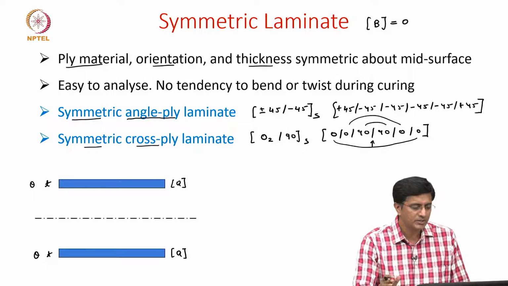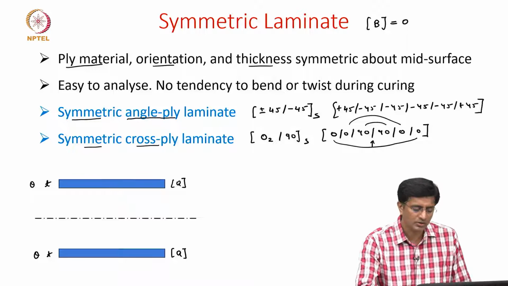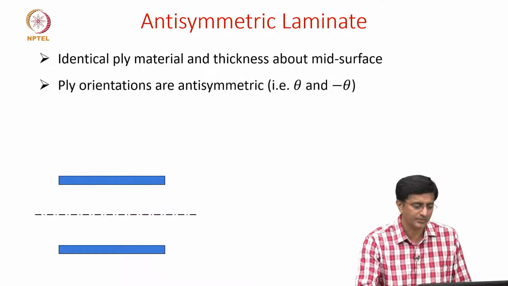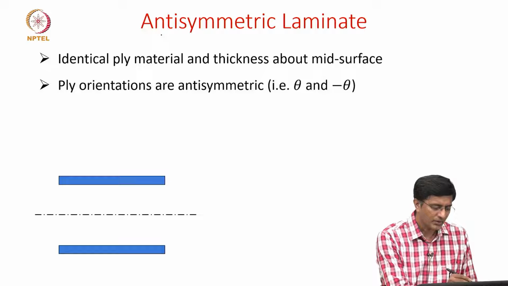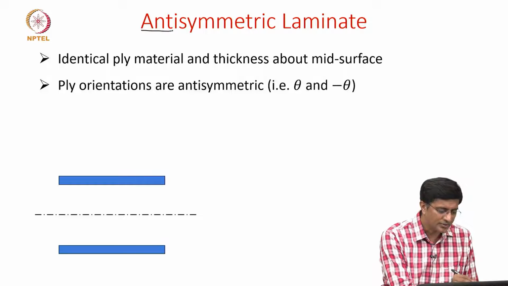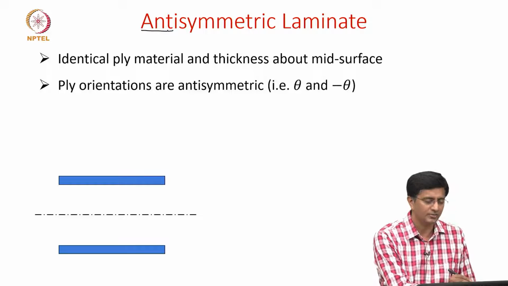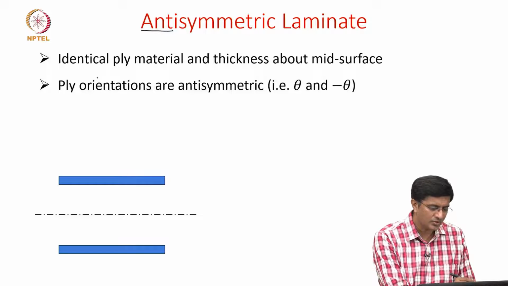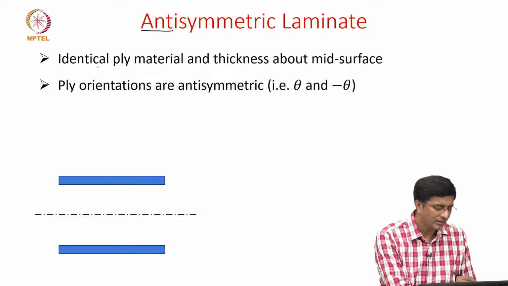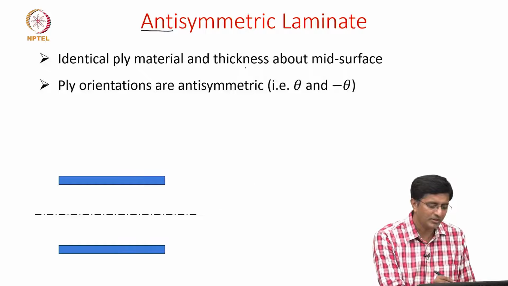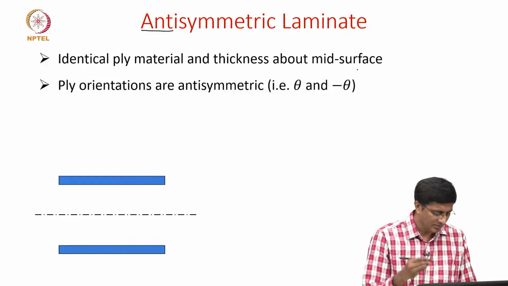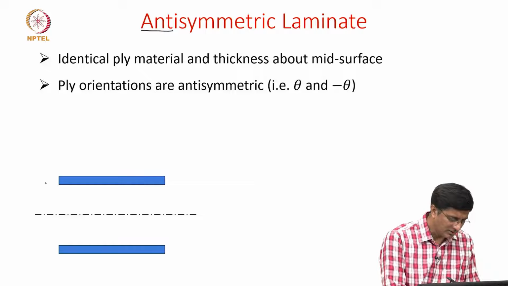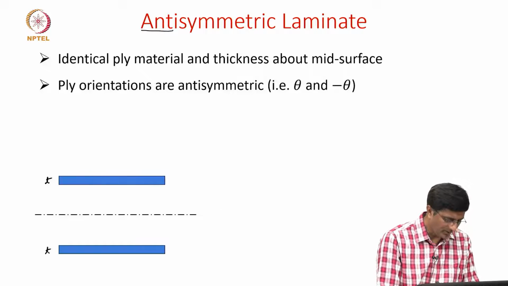Now that we have seen these symmetric laminates, let's also look at the antisymmetric laminates, which are closely related. As the name says, it is not just symmetry, but there is an antisymmetry. Let's see what it is. The definition is very close to a symmetric laminate, saying that it has identical ply material and thickness about the mid surface, meaning both of these will have the same thickness and they are made of the same material.